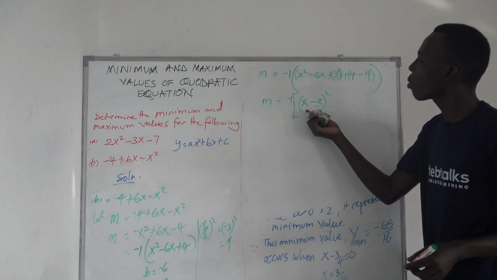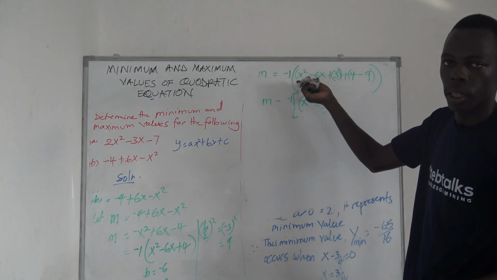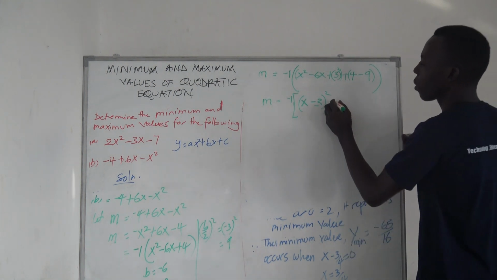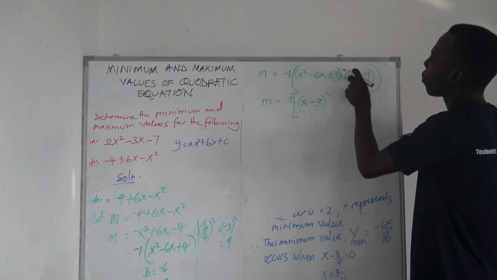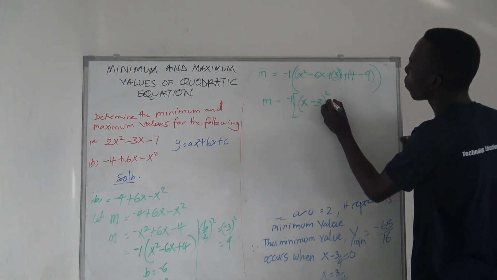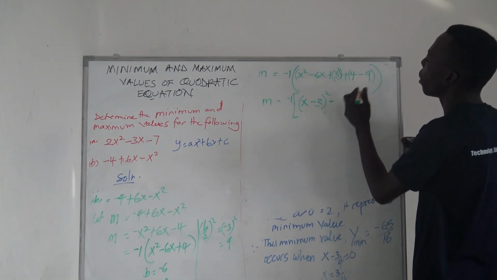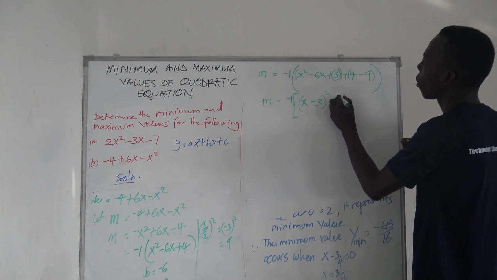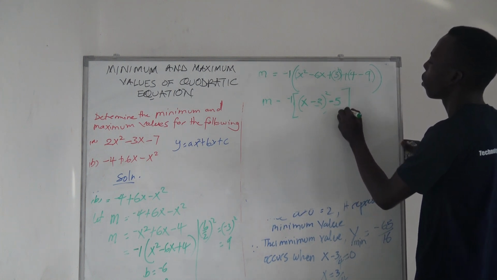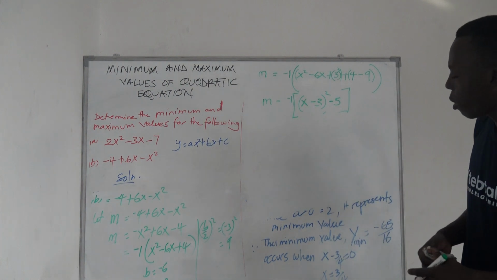When I square this one, I will definitely get this value here. So this one minus this becomes minus a 5. So that's what I have out of that.